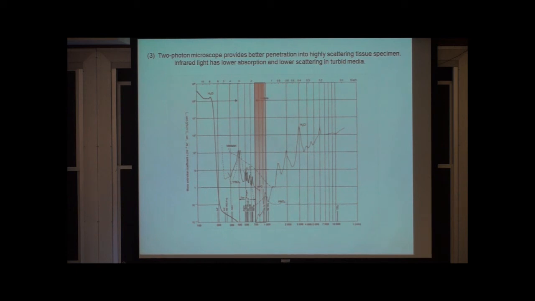A second reason that you can go deeper is, if you take a look at a glass of milk, why is the glass of milk white? Anyone know why is the glass of milk white? Because of scattering. Because the milk has a lot of milk solid and proteins, mostly casein.